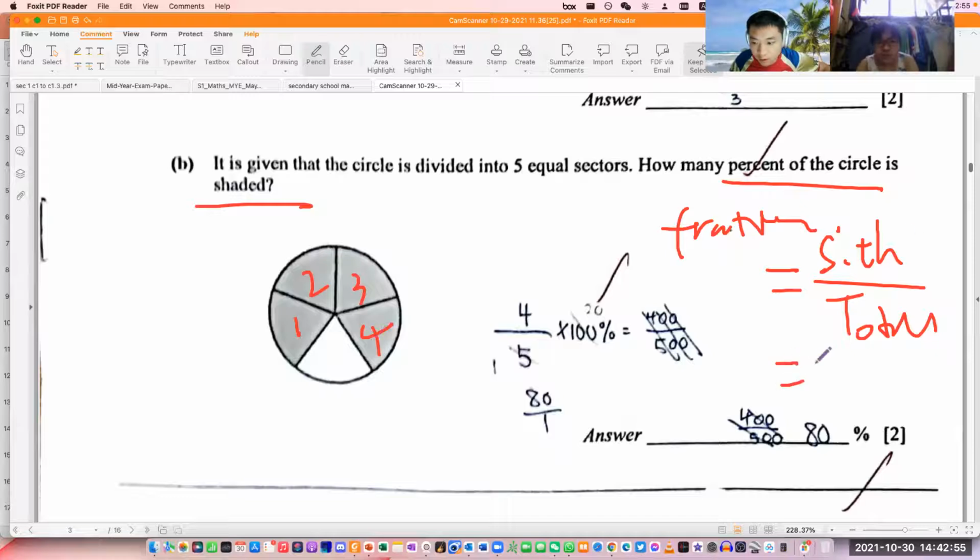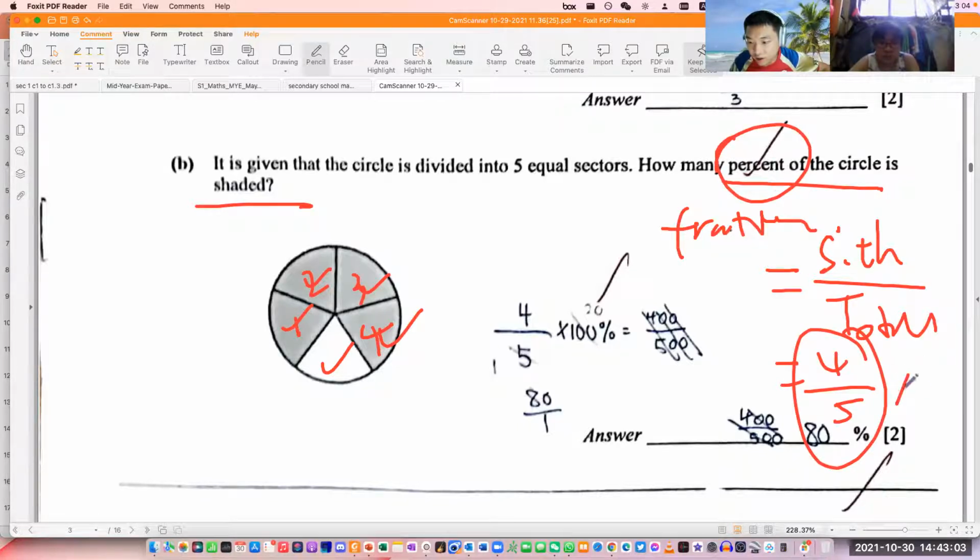So the something is 4. What's the total here? 1, 2, 3, 4, 5. 5 of them. This is the fraction, but they want the percentage. So you convert this fraction to percentage by times 100%. Am I right? Yeah. So remember, if they want the fraction, the formula is always something over total. Okay.